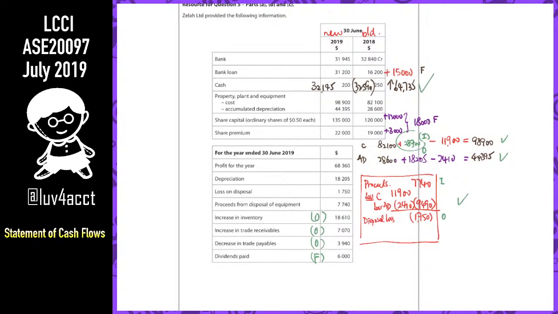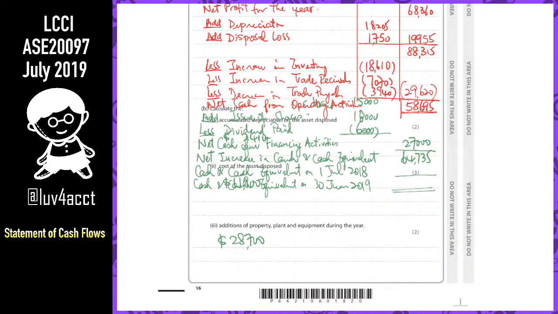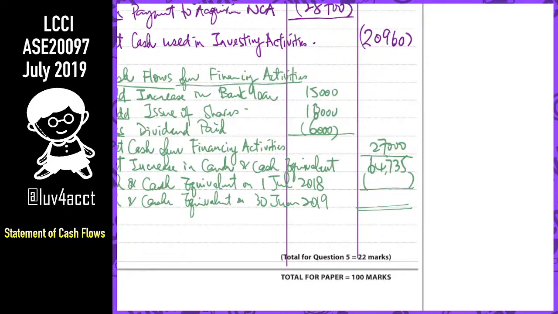So let us put the opening balance and closing balance that we have calculated. Opening balance being negative 32590, and then yes, closing balance 32145 positive.